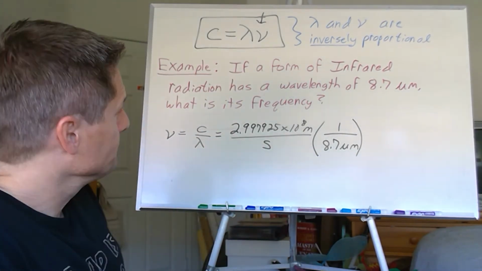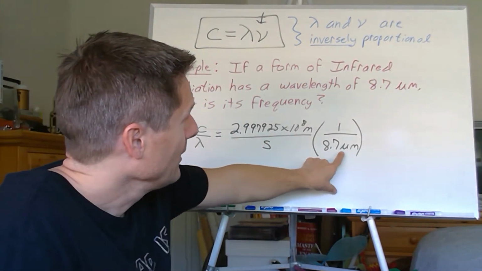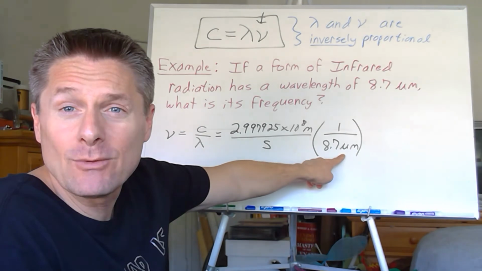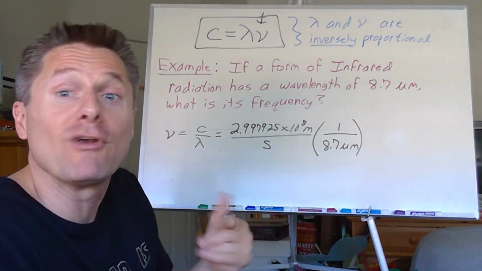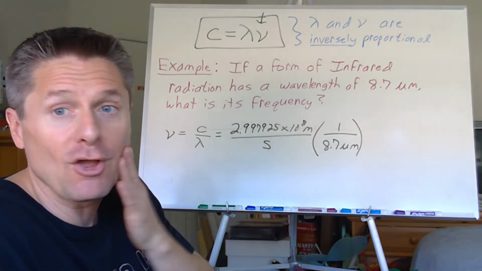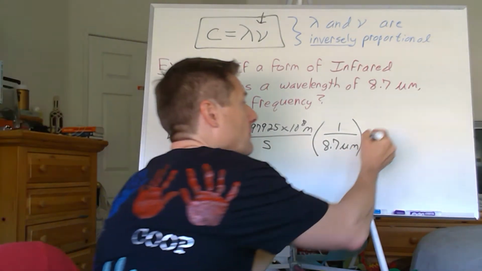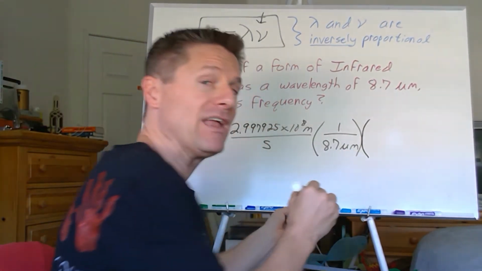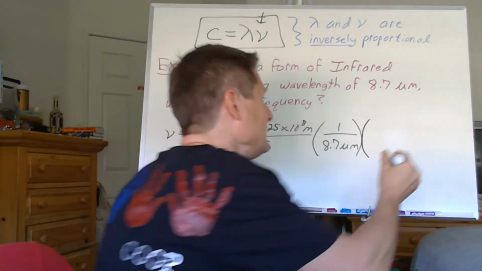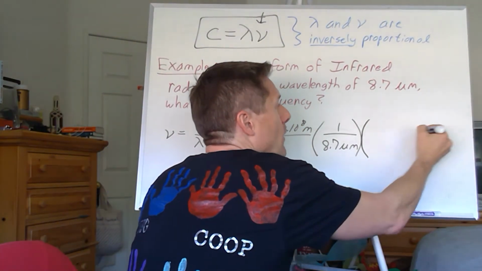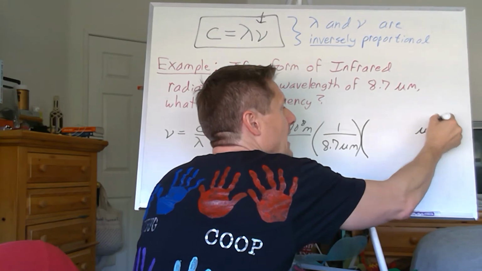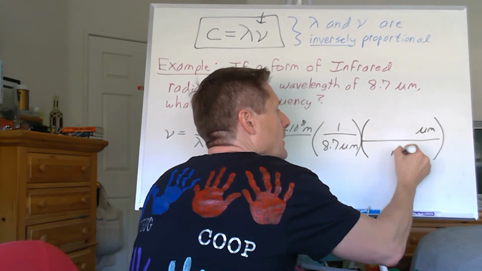micrometers or microns. And hopefully you can see you need to convert your wavelength units into meters in order for it to cancel out. We'll see that very commonly. We're going to deal with visible light a lot in the nanometer range, but this is the micrometer range. So hopefully you've got your metric prefixes memorized. So we want micrometers on top, meters on the bottom.